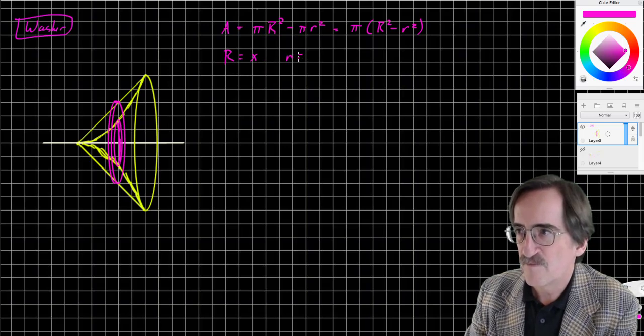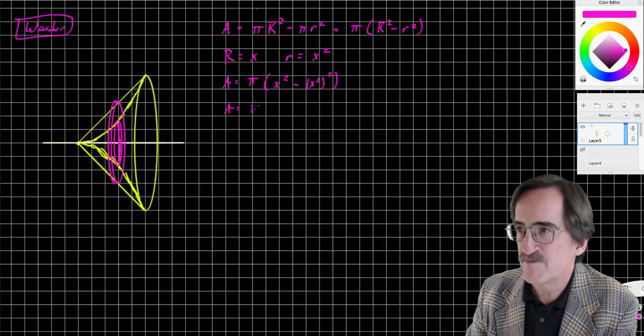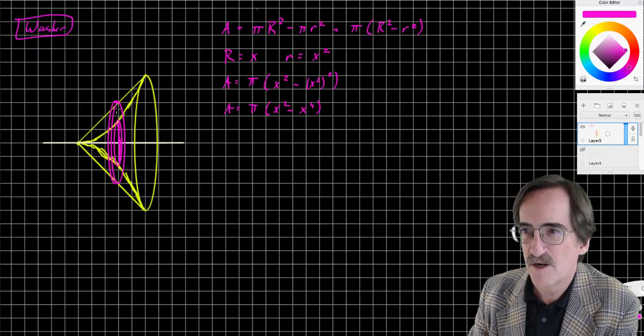And little r is y equals x squared, so x squared. So the area of my washer is pi times big R, x, squared, minus little r, x squared, squared. Or the area becomes pi times x squared minus x to the fourth. Okay, that's the area of the washer.